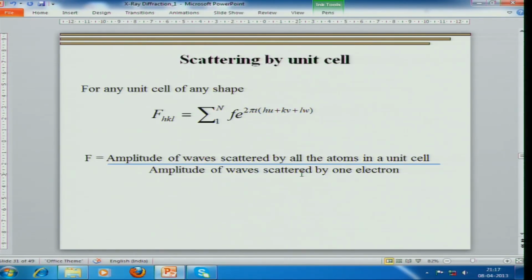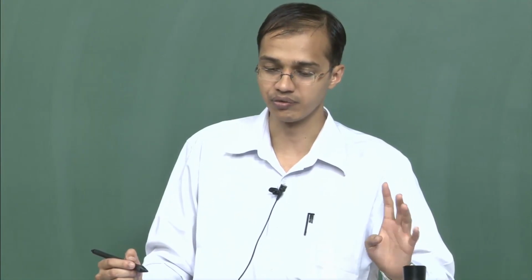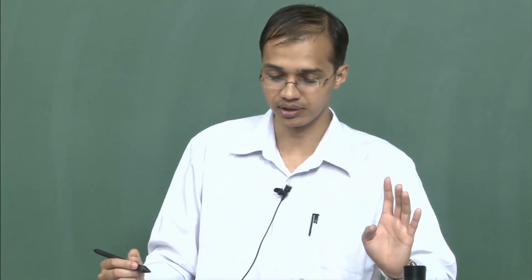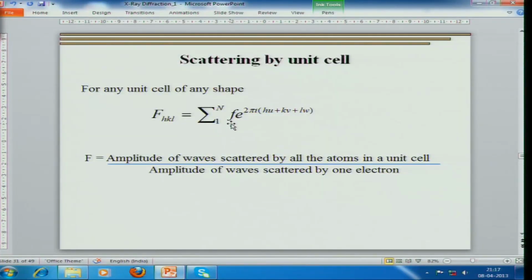However, when we go to BCC or FCC unit cells with 2 atoms and 4 atoms per unit cell, the scattering by the unit cell is given by the summation over all the atoms in the unit cell, F of HKL equals the summation from 1 to n of small f e raised to 2 pi i (Hu plus Kv plus Lw), where the capital F, the amplitude, is the amplitude of waves scattered by all the atoms in the unit cell divided by the amplitude of waves scattered by one electron.